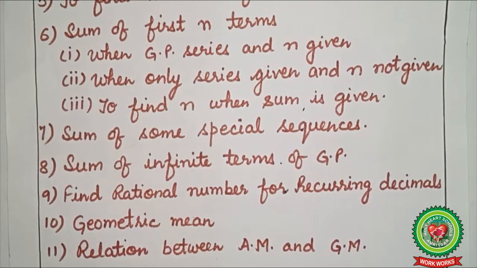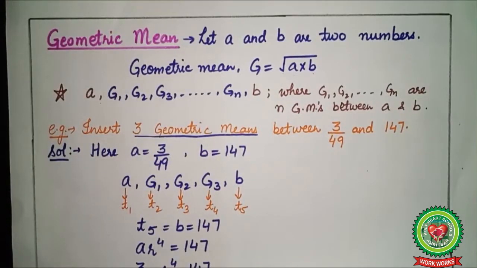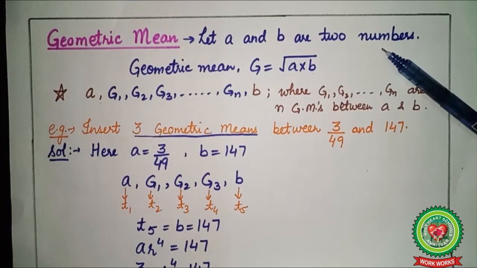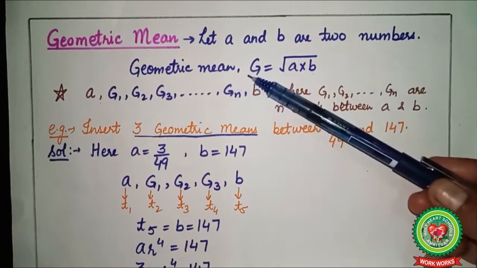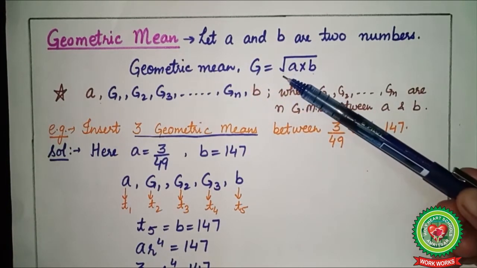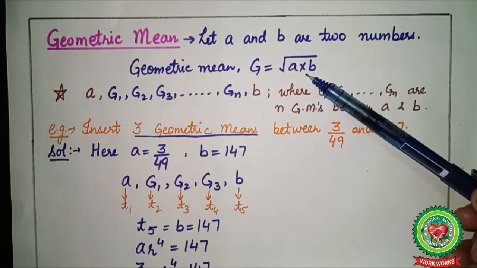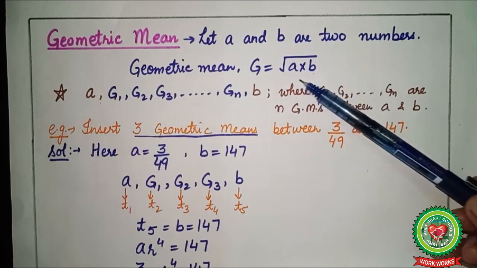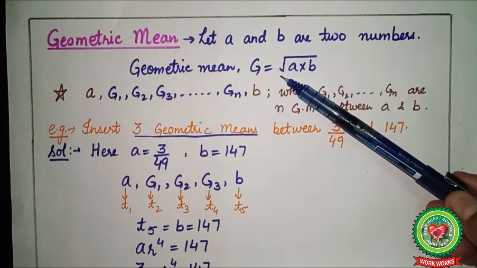Students, today we are going to start with the 10th and 11th type, that is geometric mean and the relation between arithmetic mean and geometric mean. Let's start first with the meaning of geometric mean. Let A and B be two numbers, then the geometric mean is G equal to square root of A multiplied by B. First multiply the numbers, then find their square root.